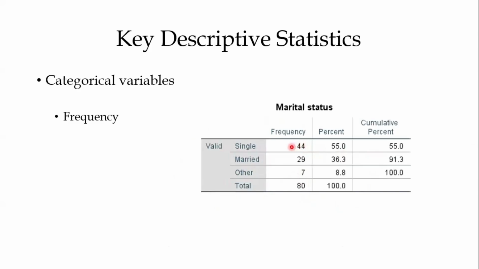You can present this data as a frequency, the absolute number that had that characteristic, 44. But you can also choose to present it, and often this is what is recommended, as a proportion of the entire study population. This will be 44 divided by 80 times 100, and you'll come up with a figure of 55%. Therefore, categorical variables, their data or results, can be presented as frequencies or as proportions.